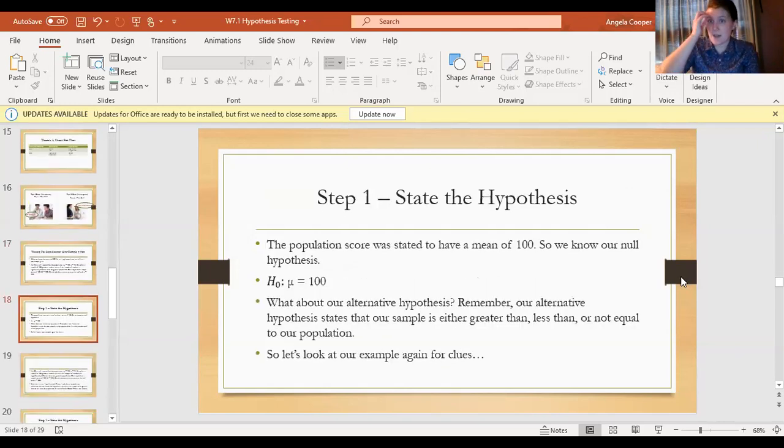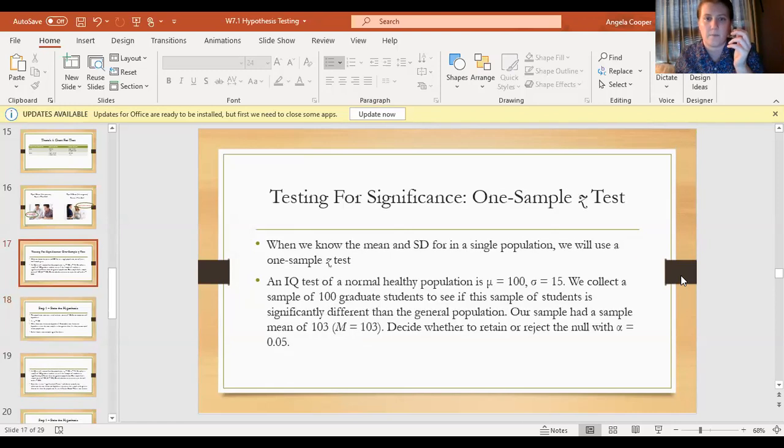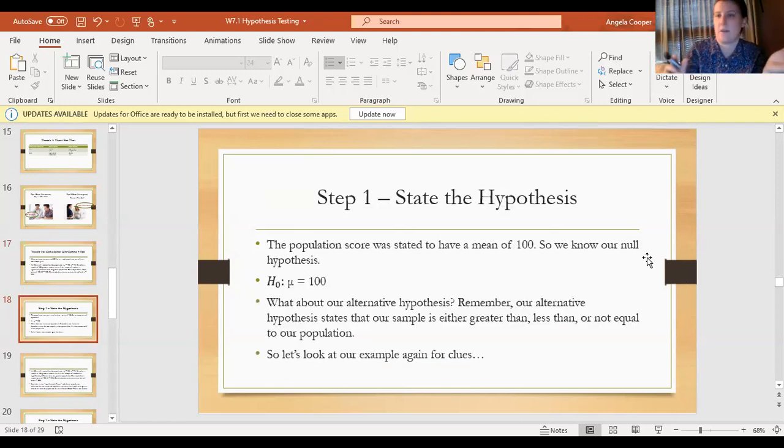That's a lot of information, but let's break it down into the steps. Step 1, state the hypothesis. It said that the average population score was 100. So our null hypothesis states that the population of all the graduate students who've taken an IQ test would be equal to the average normal healthy population.